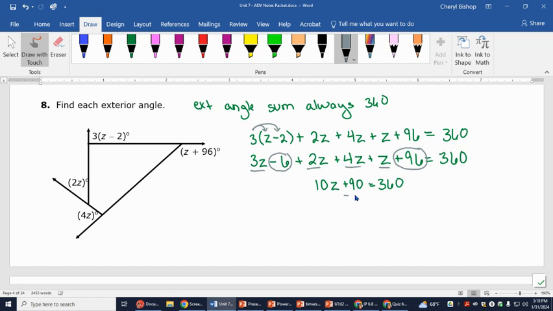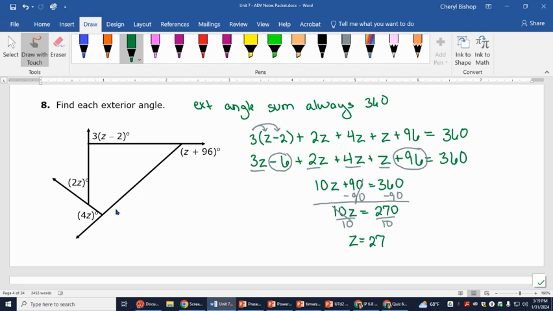Subtraction property of equality. 10z is going to equal 270. Divide both sides by 10, and the value of z equals 27. Now, that is not what it asked me to find.